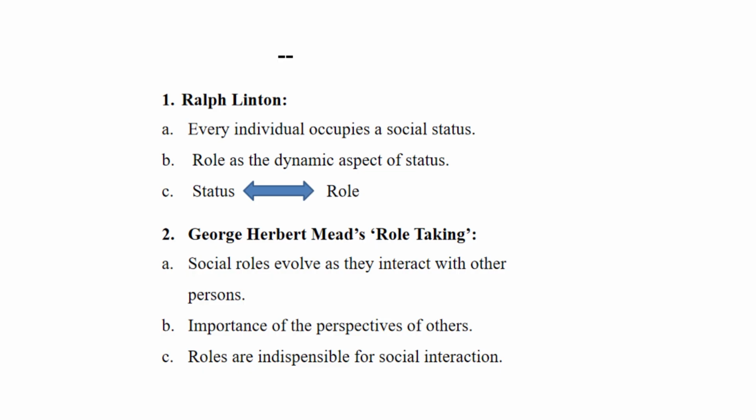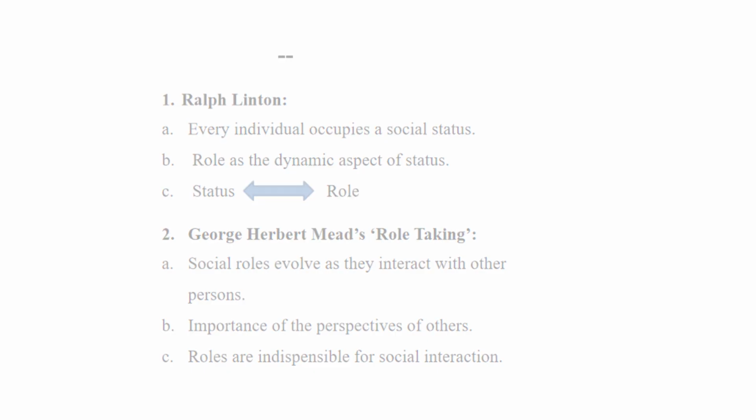The first is social roles evolve as they interact with other persons. The second is role taking involves the perspective of others, and roles are indispensable for social interaction. We will now look at George Herbert Mead's contributions in detail.